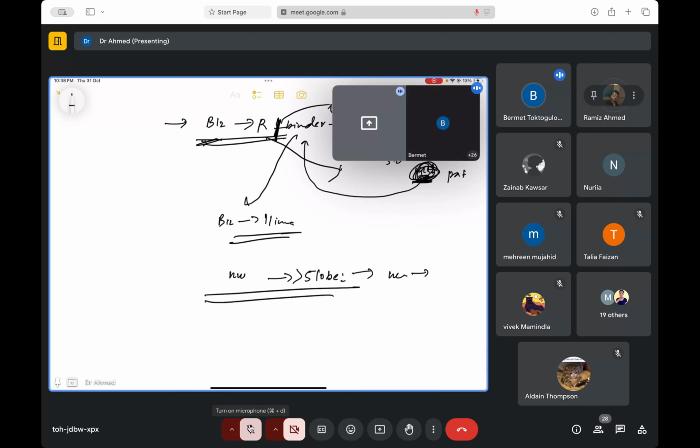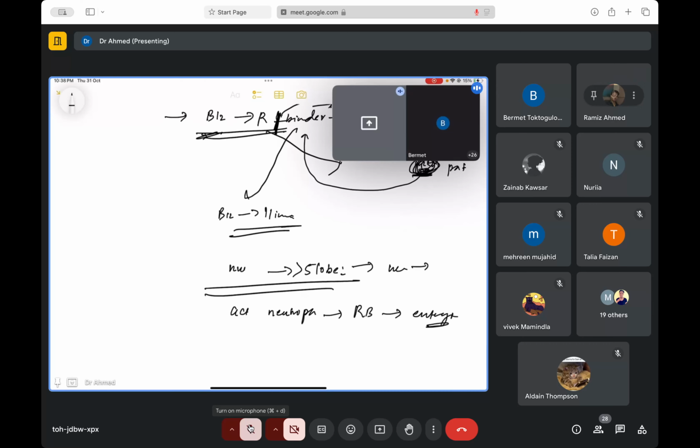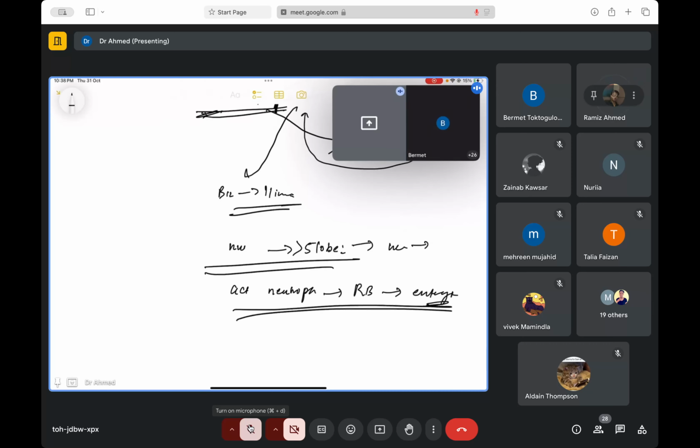So basically, the active cells inside your body are neutrophils, red blood cells, and some cells of your enterocytes, the epithelial cells, you guys know. So they are basically the active cells. It means their turnover is more, they are made more and destroyed more.